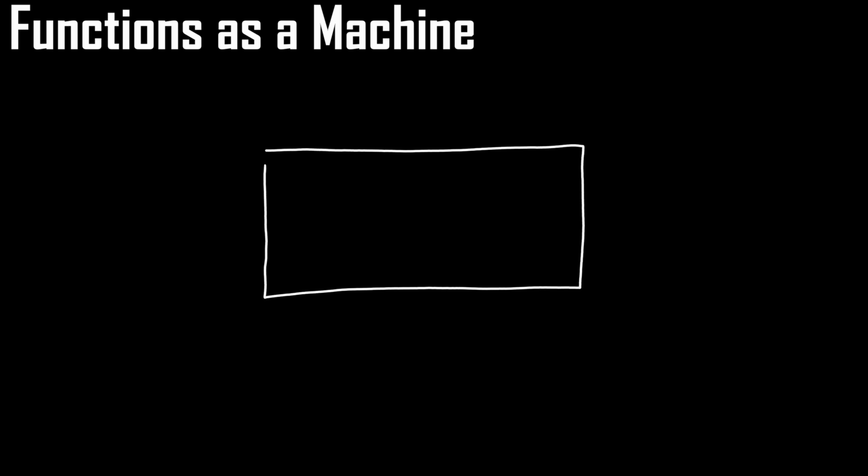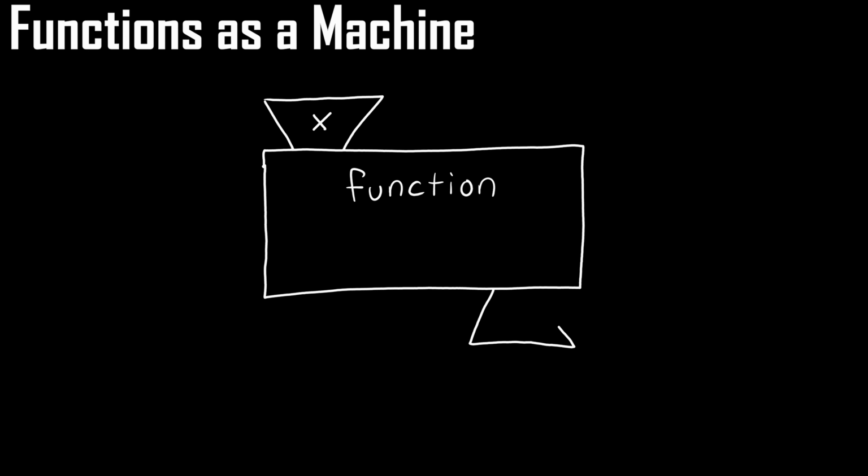You can think of a function as a machine. So let's draw one real quick. So this is our function. And our function takes an input, which we'll say is x, and it produces an output, which is f of x.